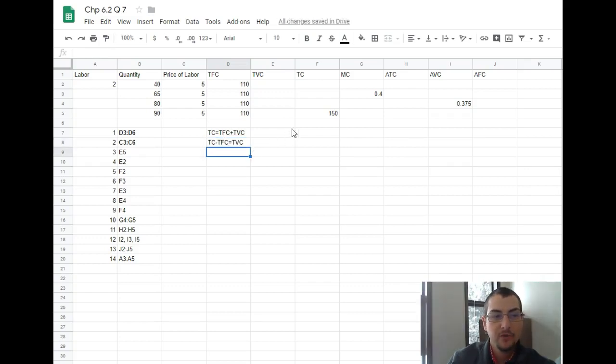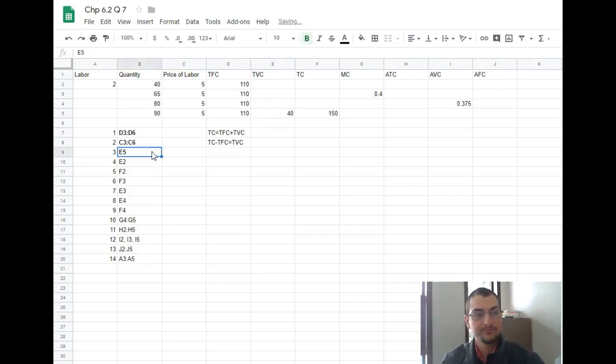So we take your total cost minus your total fixed cost to come up with that total variable cost of $40. That's a way to calculate that particular cell. So we're now done with E5.